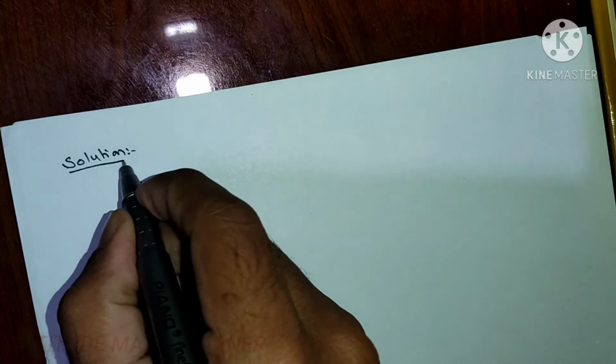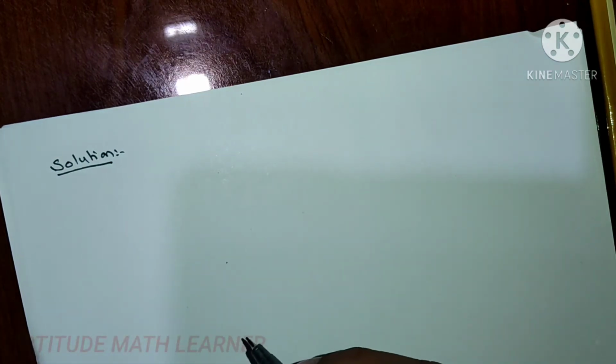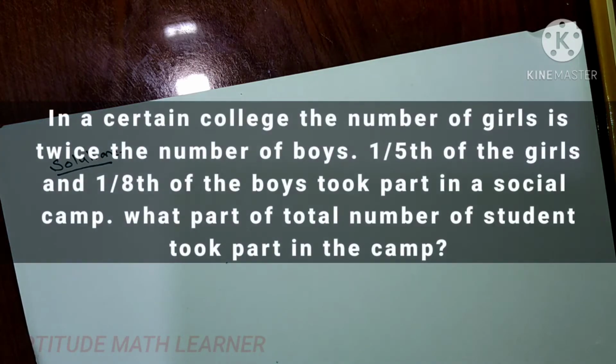Solution. Now first, you have to understand each and every step very carefully. Suppose in a certain college the number of girls is twice the number of boys.